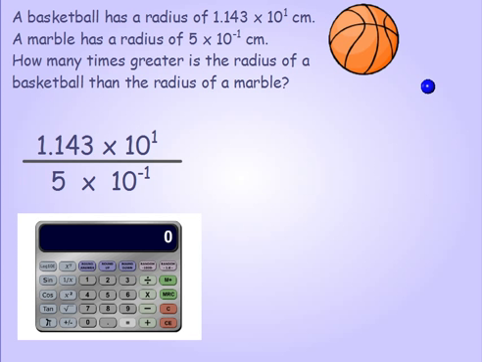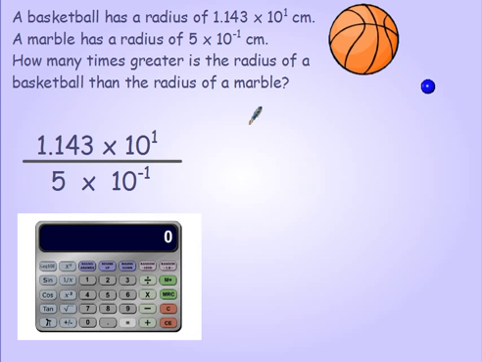When it asks me how many times, I need to do some division. So that's just what we're going to do. We're going to take 1.143 times 10 to the first, our basketball radius, and divide it by 5 times 10 to the -1st, our marble radius.